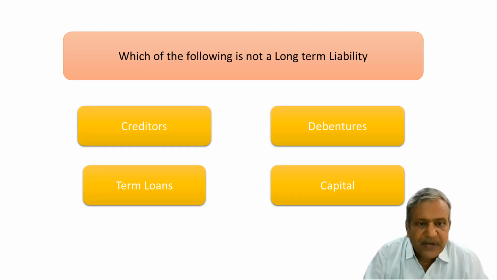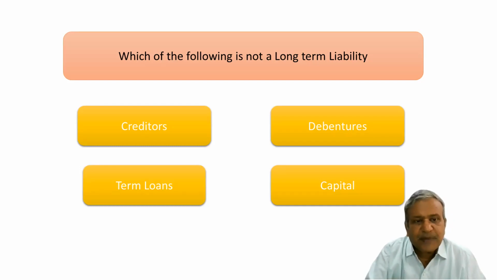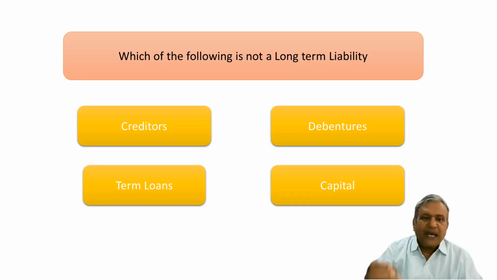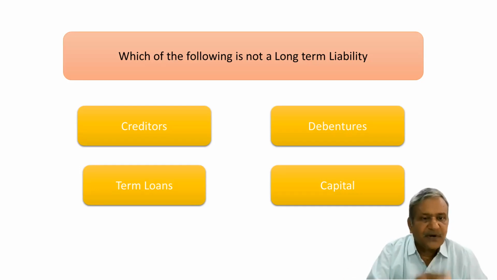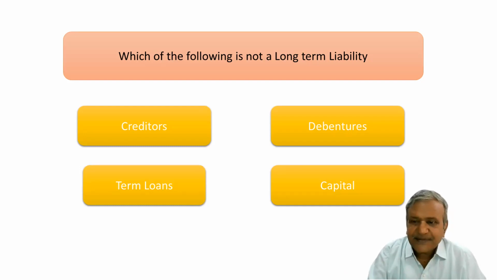Next is term loan. Term loan means a loan given for a particular period, 5 years, 10 years, 15 years. Banks give these to big companies. So it is also a long-term loan.